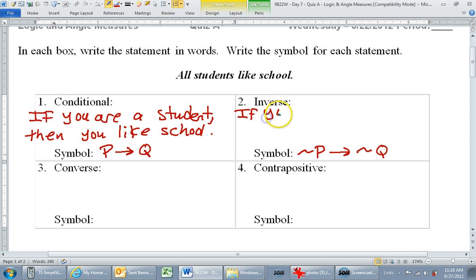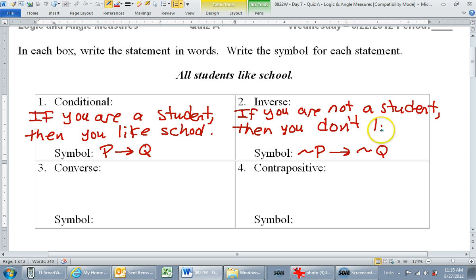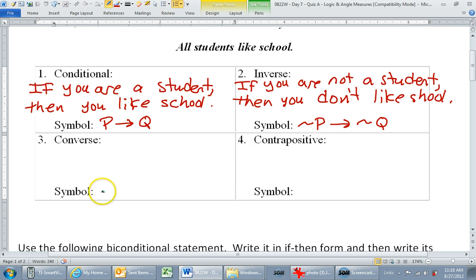Help me out, you guys. If you are not a student, then you don't like school. If you are not a student, then you do not like school. Okay, so something like that for the inverse is what we're looking for. The converse, that's the one where we switch.